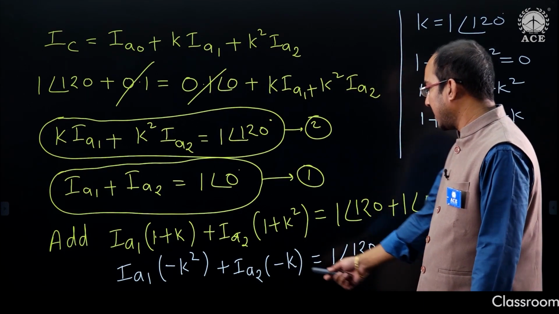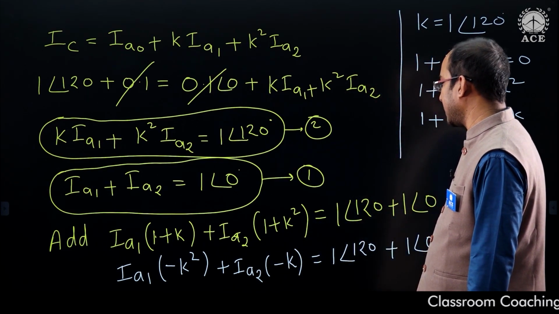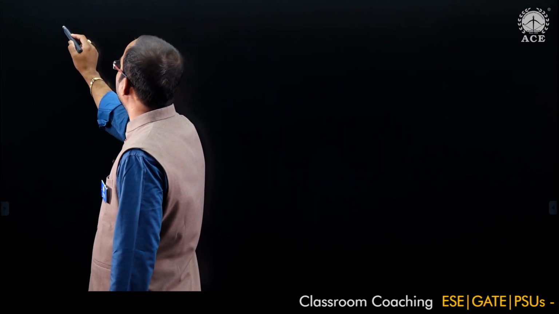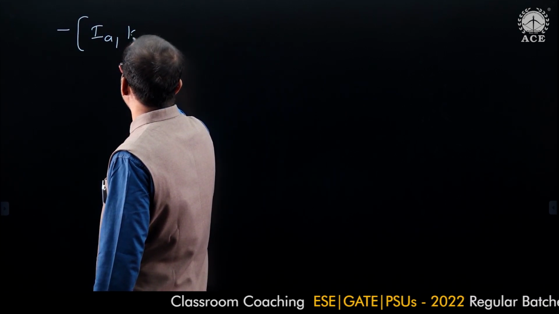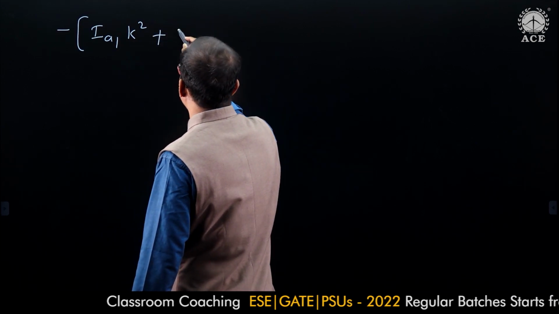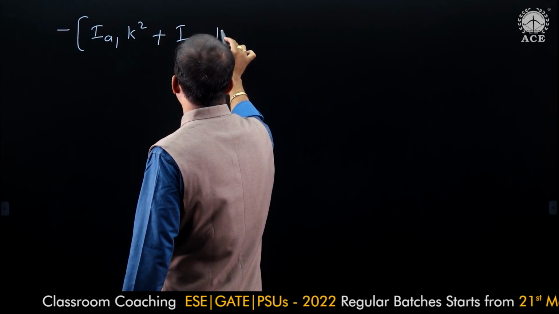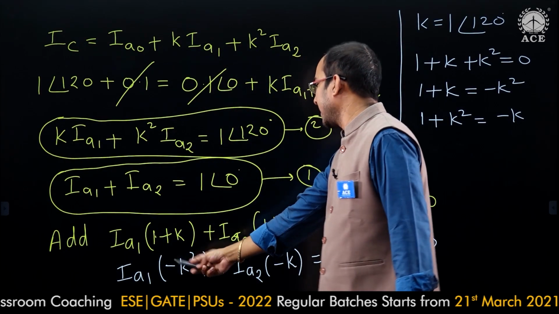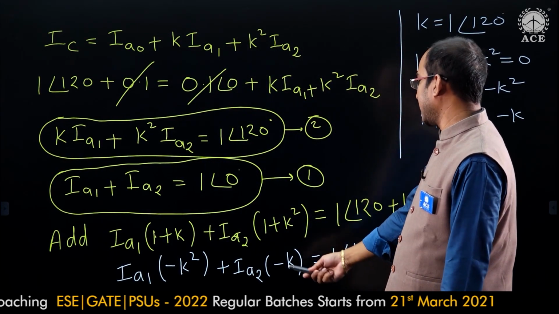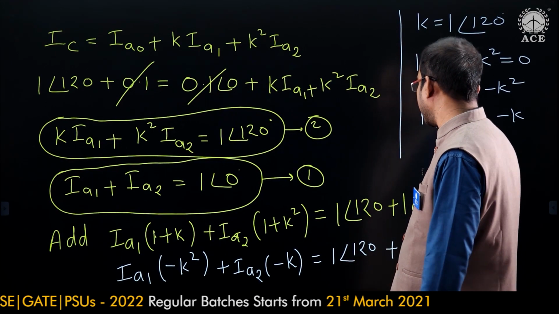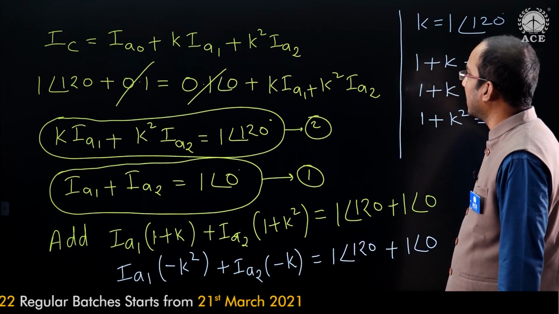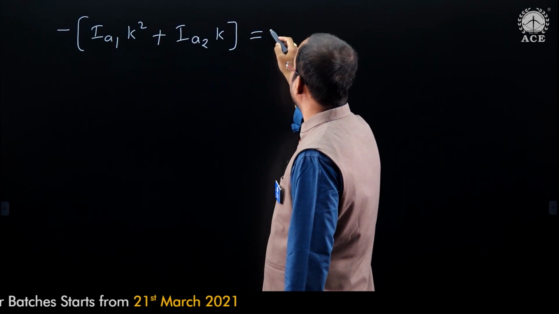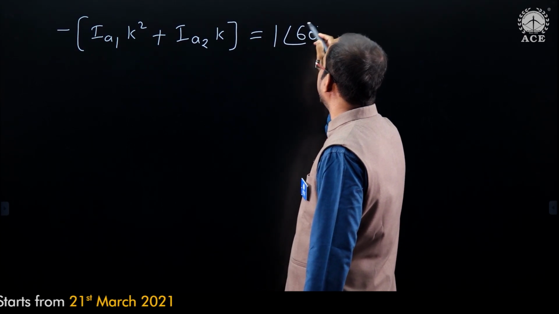Here we can simplify this and write the expression as minus of IA1 into K square plus IA2 into K, where I have taken minus as common, is equal to 1 at an angle 120 plus 1 at an angle 0, which is equal to 1 at an angle of 60 degrees.